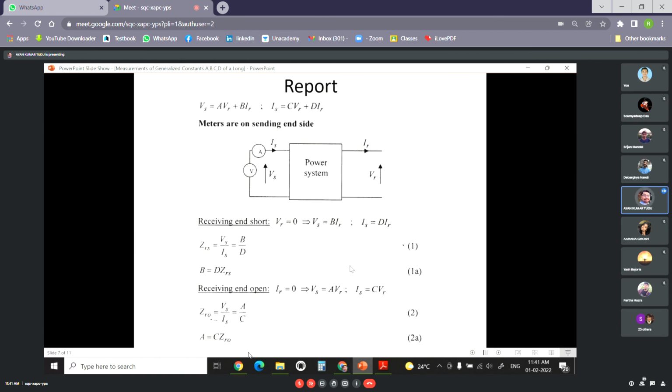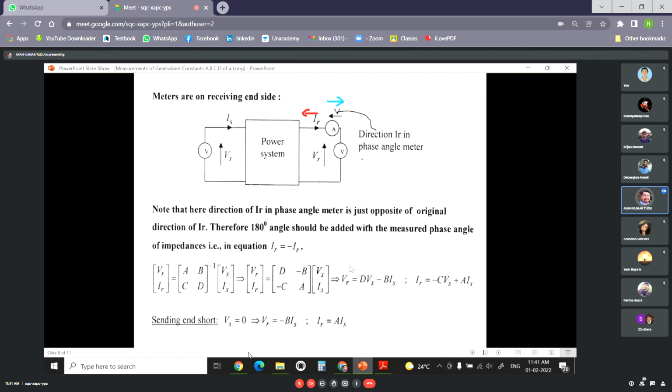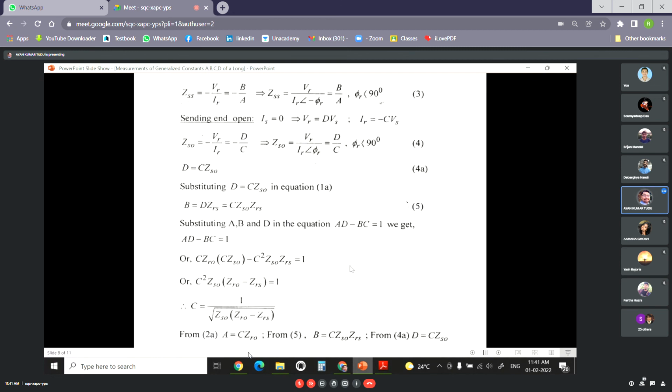You have to find out the values of ZRS, ZRO, ZSS, ZSO, and calculate the value of C for both the symmetrical and asymmetrical case, and find out the values of the A, B, C, D parameters for both cases.